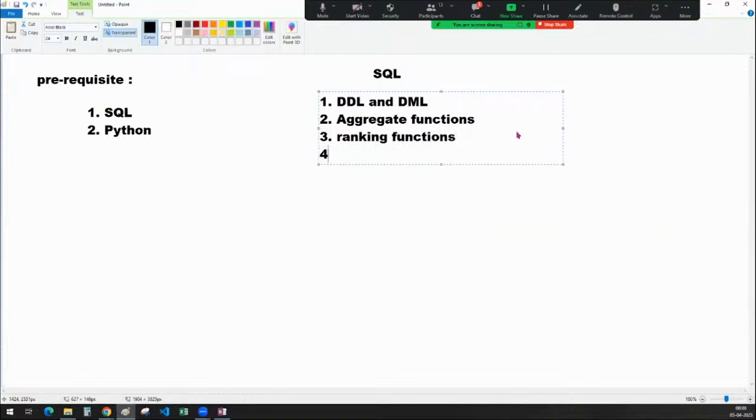The fourth thing is tables: there is a temp table, with local temp tables and global temp tables, and common table expressions, CTE.